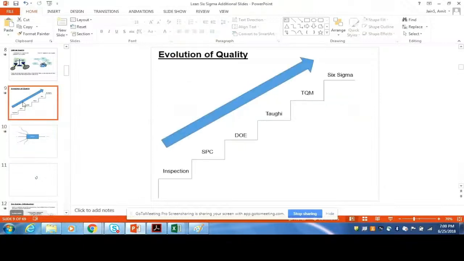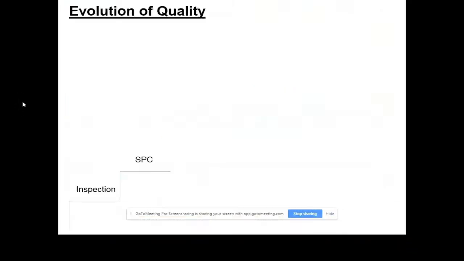So there was a gentleman called Walter A. Stewart. He came with a concept called SPC. Now, Walter Stewart used to work in Western Electric, and it happened somewhere in the 1930s.